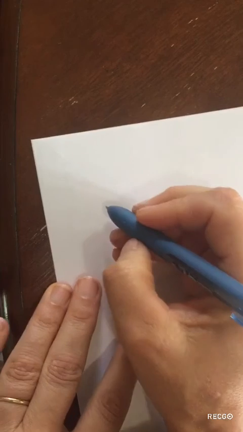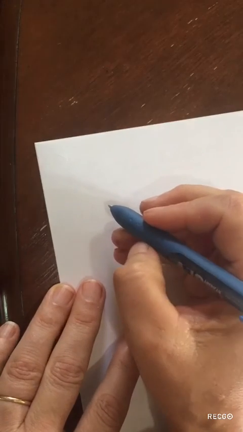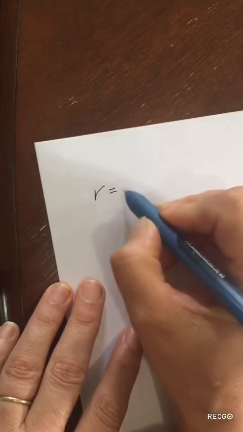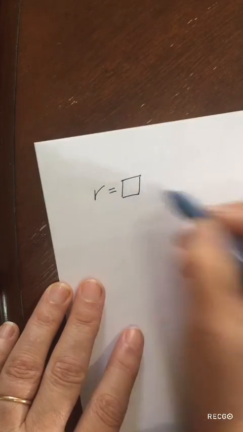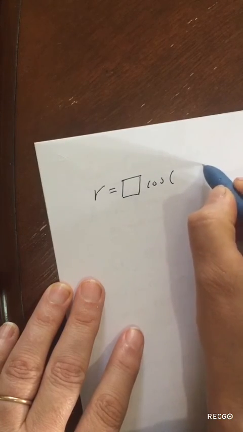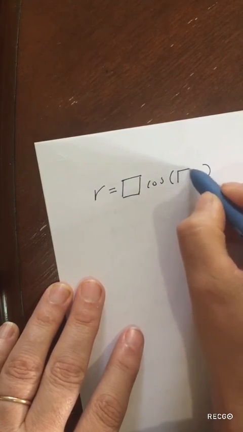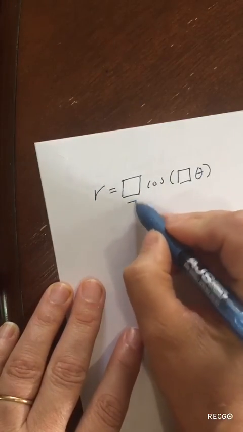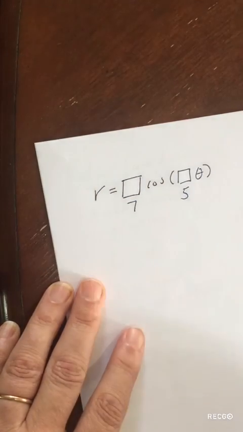Obviously, the other things that are really straightforward to draw with polar coordinates are things like flowers, okay? Those often take the form of something like r equals, here you want to put in some kind of scaling number, and then cosine, and then here another scaling number. So you could put different numbers in here. I think I put like 7 in and 5 in, but you could put in different numbers.